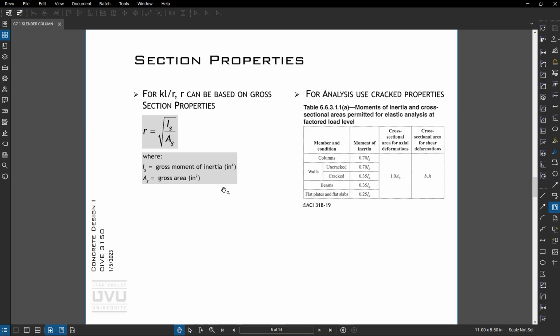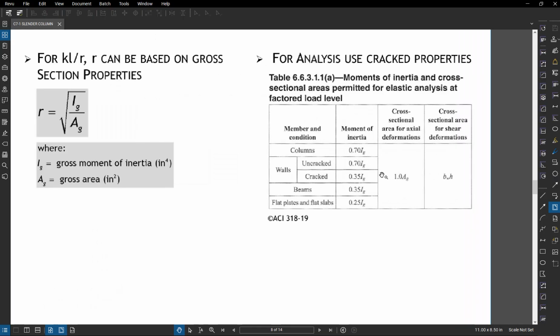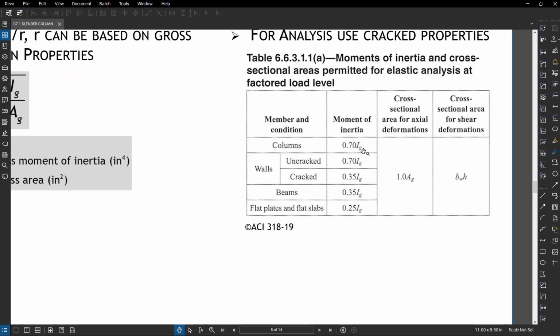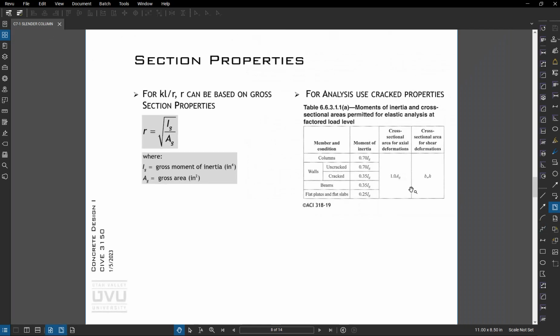But when we're actually analyzing the structure, either by hand or with finite element software, because the columns and beams crack, we need to use reduced section properties, moment of inertia really. Gross section, gross area stays the same, but we modify the column moment of inertia by 0.7 and for beams by 0.35, which is a big deal.